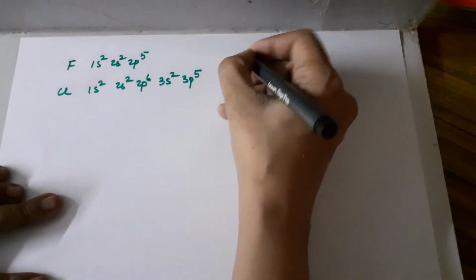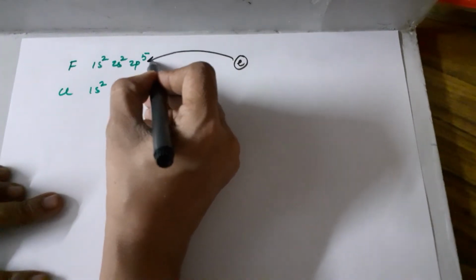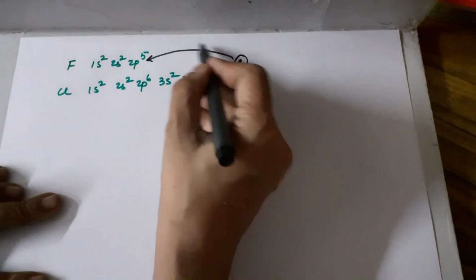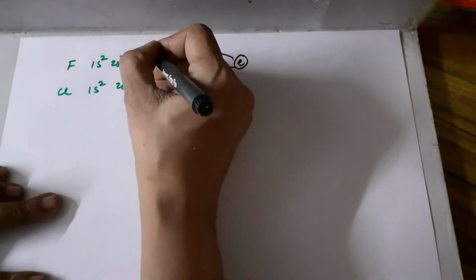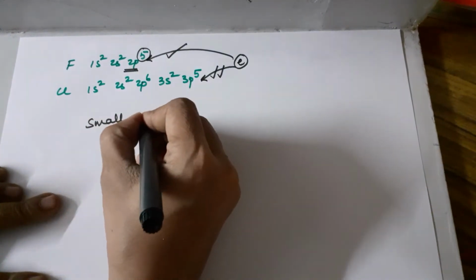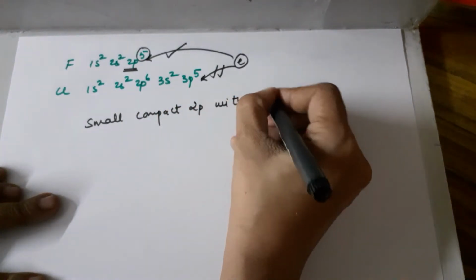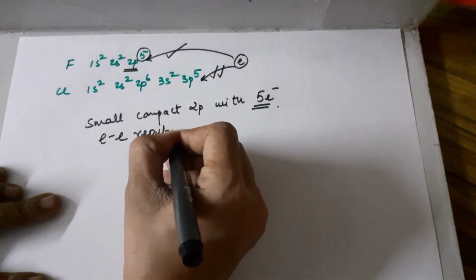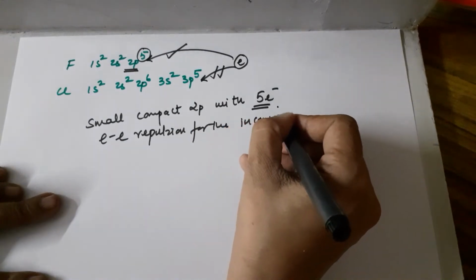When we talk about electron gain enthalpy for fluorine and chlorine, the electron can enter into 2p5 or it can enter into a 3p5. We expect that the electron gain should have been more here, but surprisingly it is more here. The reason is these 5 electrons in this small compact 2p cause electron-electron repulsion for the incoming electron.